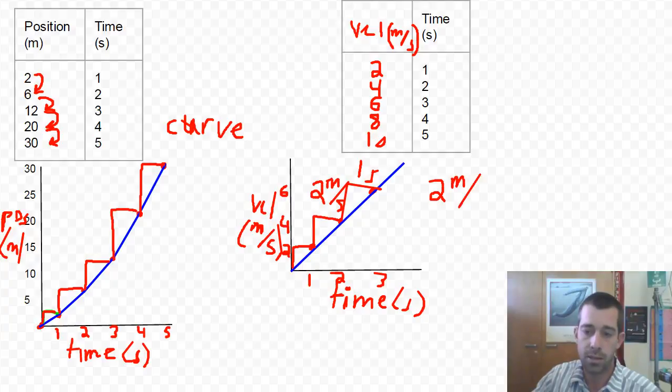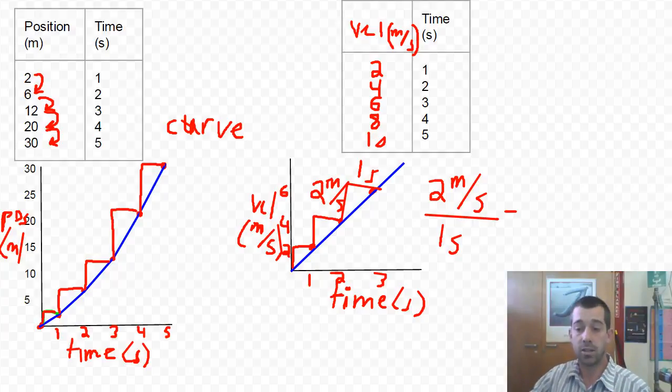It's 2 meters per second over 1 second. Okay, so do you see why the units will end up being so weird for acceleration? It's 2 meters per second squared. Which means that every second you're gaining 2 units of velocity. Your velocity goes from 0 to 2 to 4 to 6 to 8 to 10.